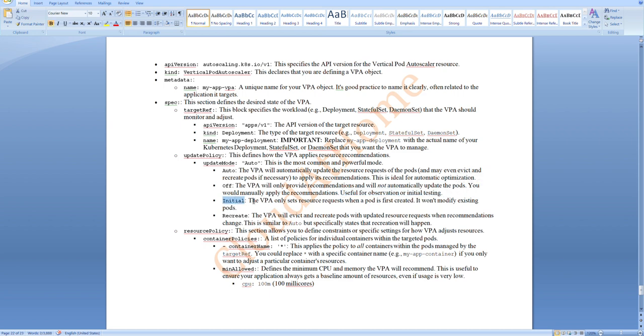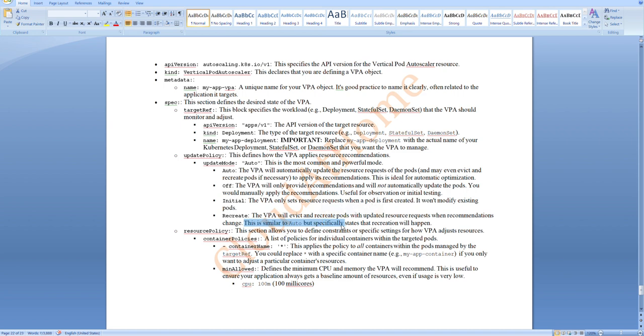What is Initial? The VPA only sets the resource request when a pod is first created. It won't modify existing pods. What is Recreate? The VPA will evict and recreate pods with updated resource requests when the recommendation changes.